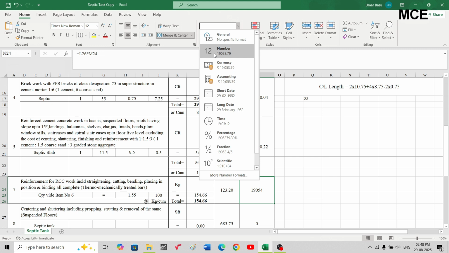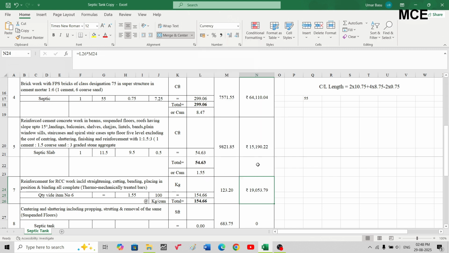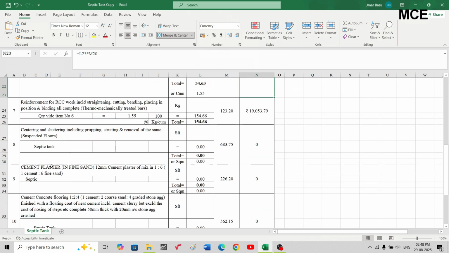Okay, 19,054 Indian rupees. For the septic slab, the total amount is actually 15,190 Indian rupees. Okay, not 1,51,000. It's 15,190 Indian rupees.